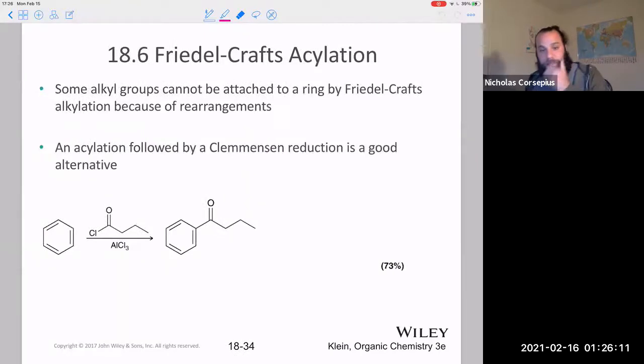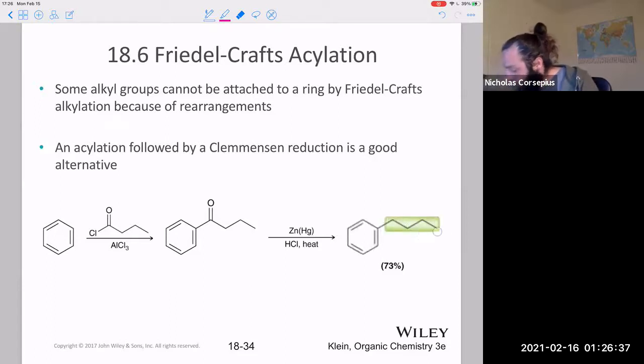What are the nice things that you can do with a Friedel-Crafts acylation that you can't do with an alkylation? You can actually create those primary substituted carbons. So let me show you what I mean. First, you would do the Friedel-Crafts acylation reaction, but then you can hit this up with a reducing agent, such as zinc and mercury in the presence of acid and heat, and that will reduce that ketone and just replace it with two hydrogens.